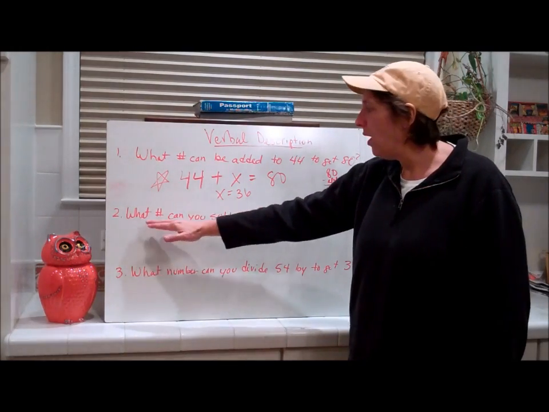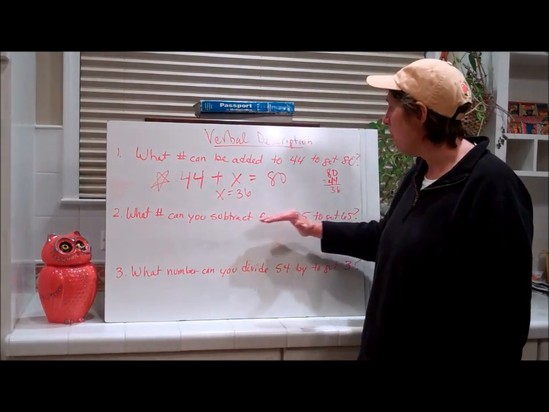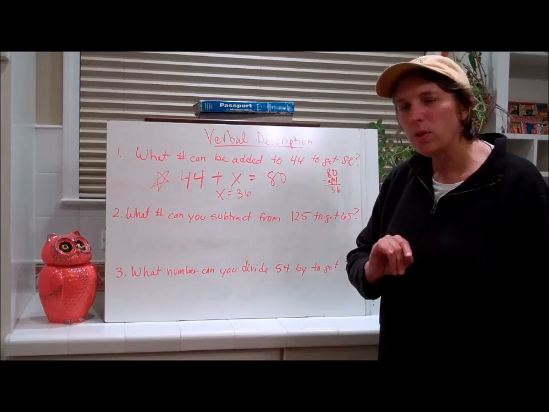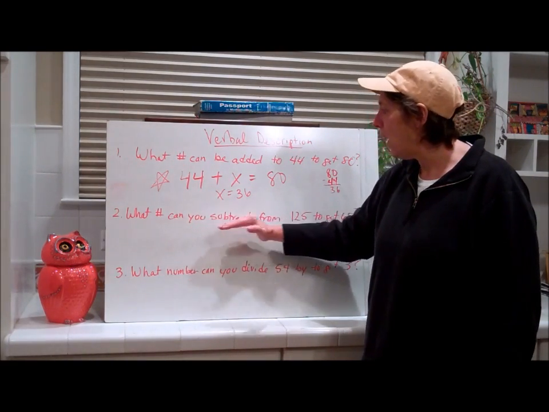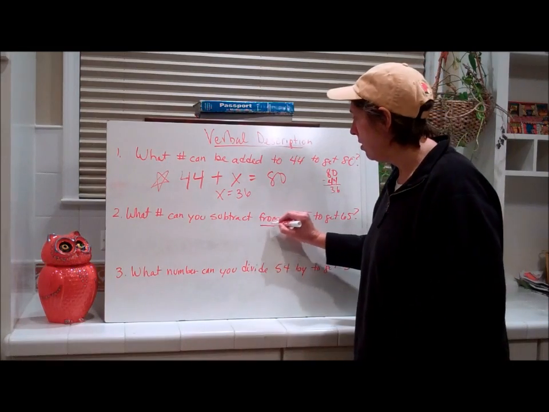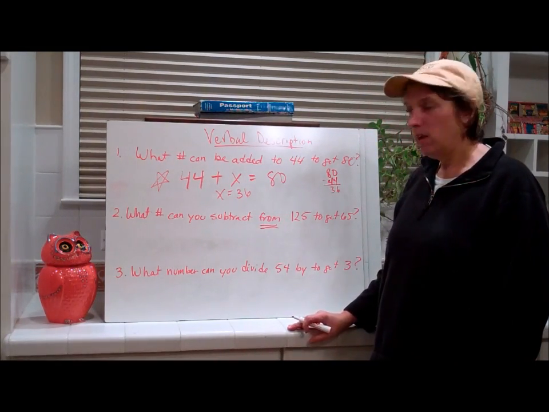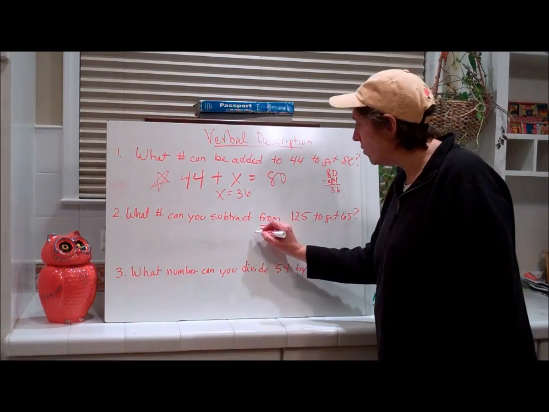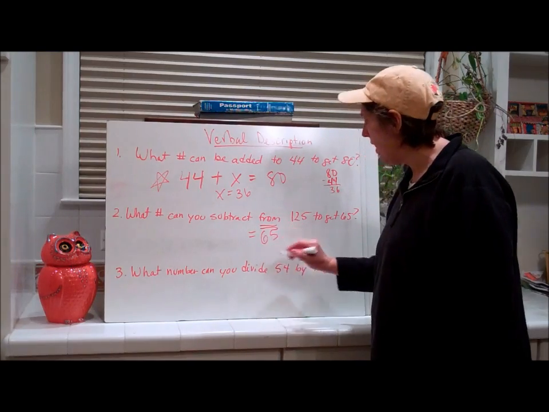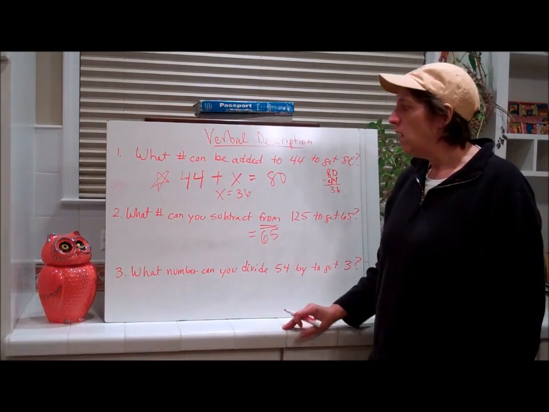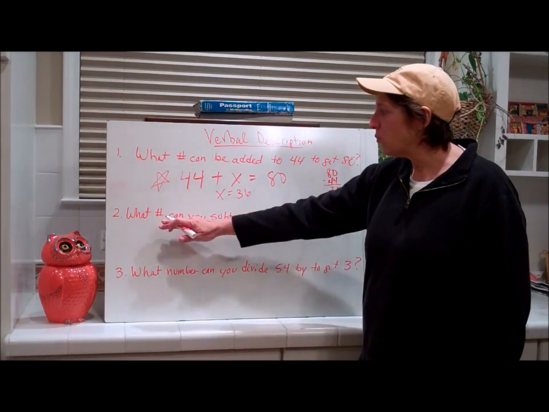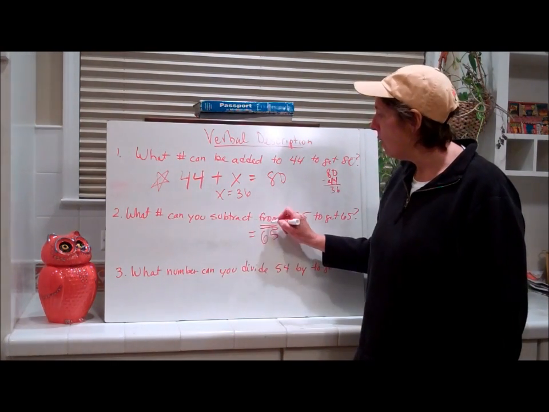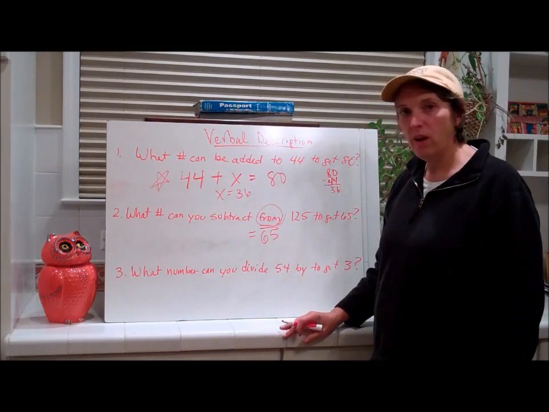Then number 2, what number can you subtract from 125 to get 65? See, now it's critical that you know which one comes first. It's not x minus 125, because it says what number can you subtract from 125.